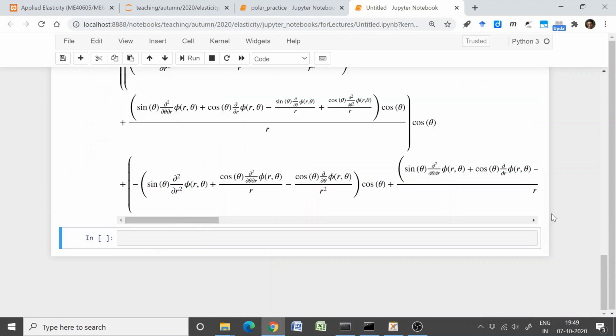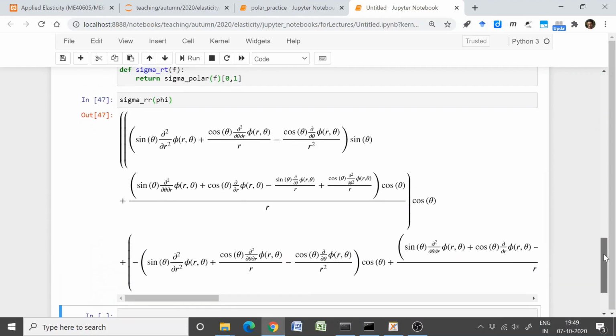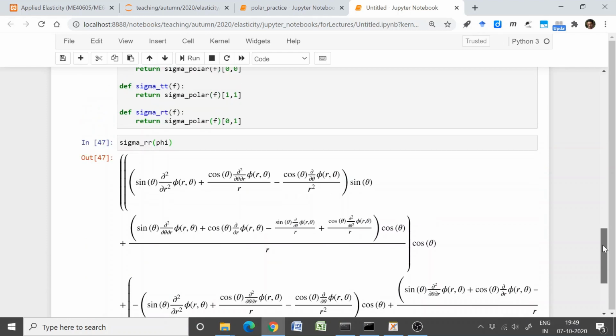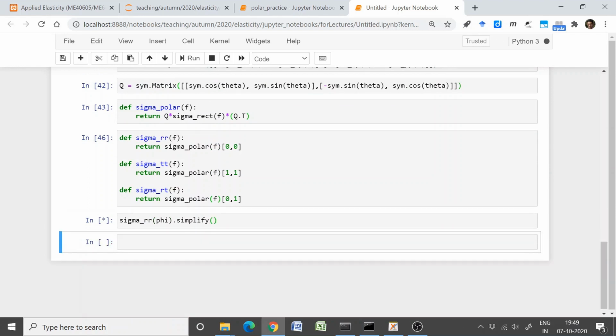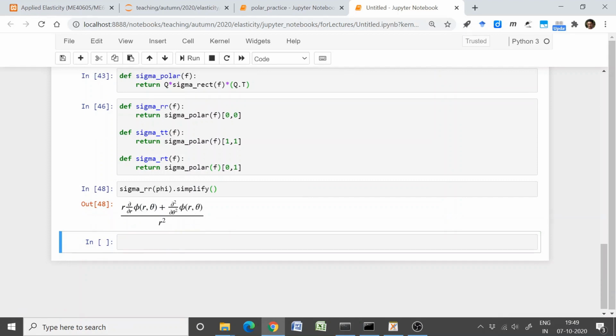Okay, so we have this huge expression coming out for sigma rr. Very huge expression. So probably if we ask Symbolic Python to simplify this, we'll get a shorter expression. And as you can expect, we have indeed come up with this shorter expression.